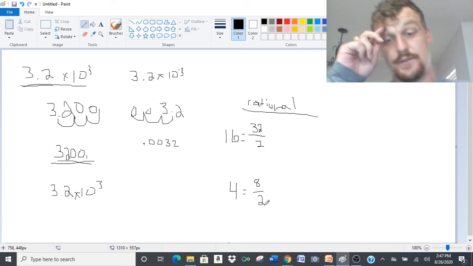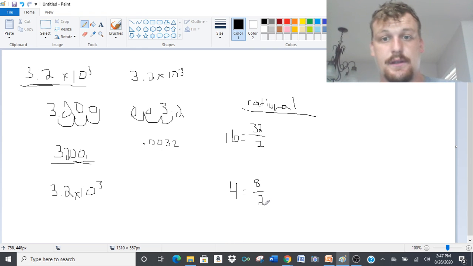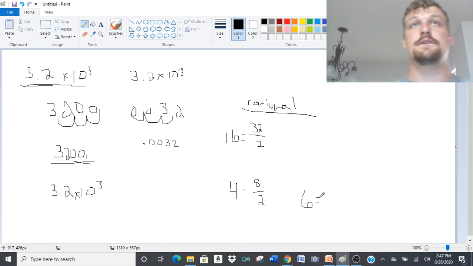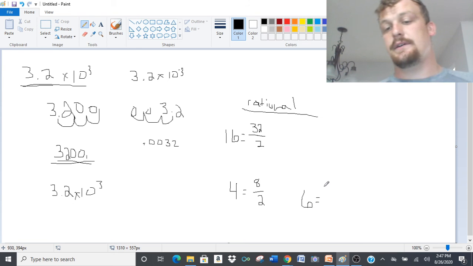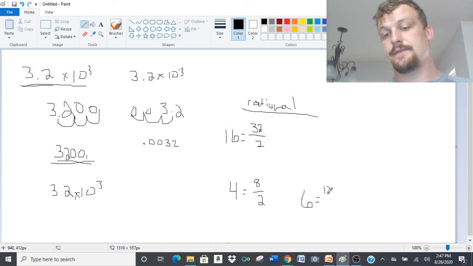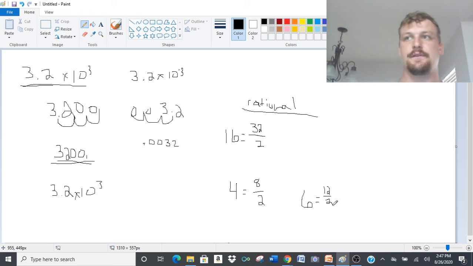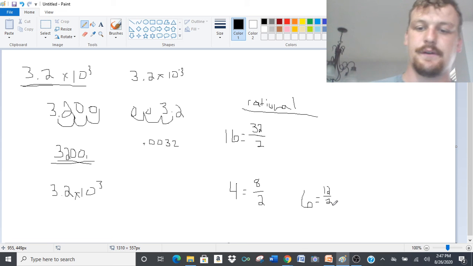And 8 over 2 is a ratio and a fraction that equals 4. So as another example, you could do 6. And you could ask yourself, 6 times 2 is what? 12. So therefore, you could say 12 over 2. But they're not always going to be with 2. But that's just an example that you could do.